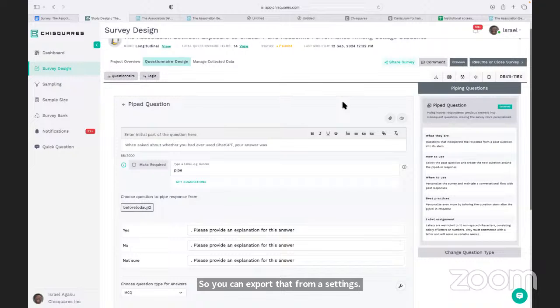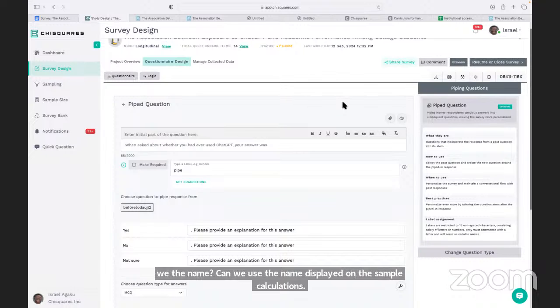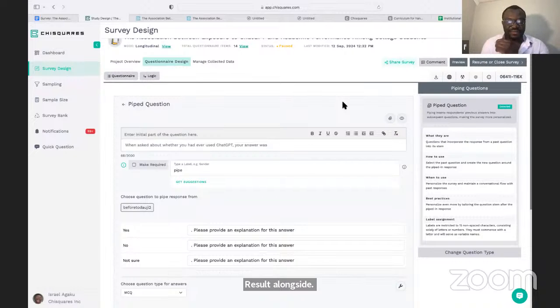I would like to know the name of the formula Chi-Squares uses to determine sample size on the platform when one has set all the parameters. Can we use the name displayed on the sample calculations result alongside? So traditionally, these formulas do not have names. I think we've answered that question in the previous session, or maybe it's a different individual.